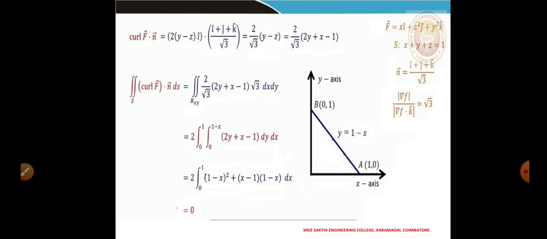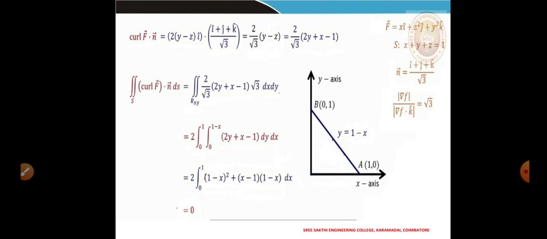Now this can be simplified. We have 2y plus x minus 1, and we first integrate with respect to y. As a result, we get 2 times the integral from 0 to 1 of (1 minus x) whole squared plus (x minus 1) times (1 minus x) dx.